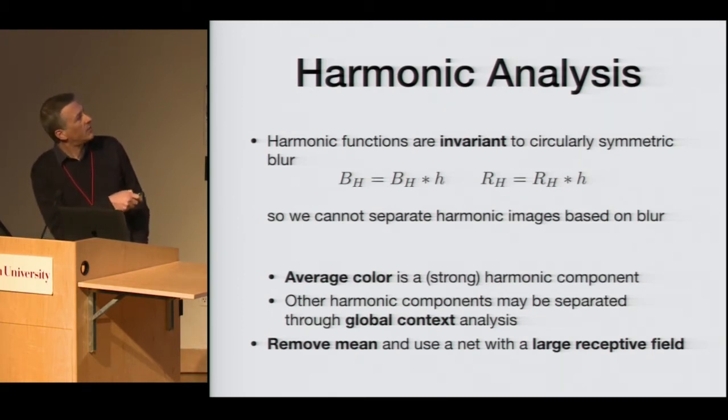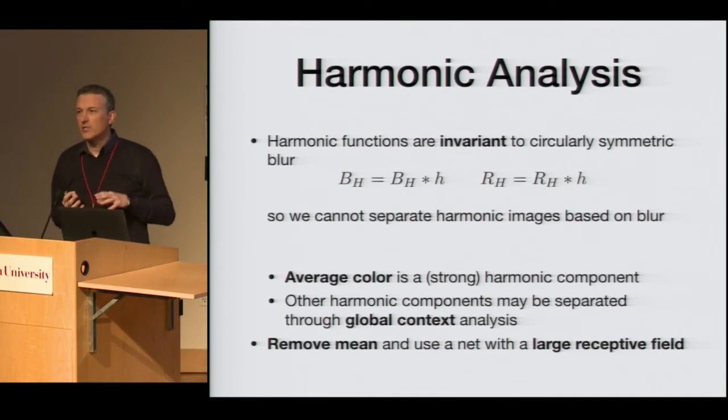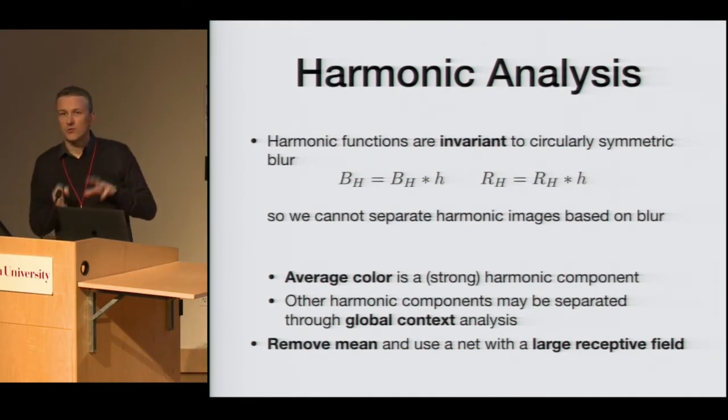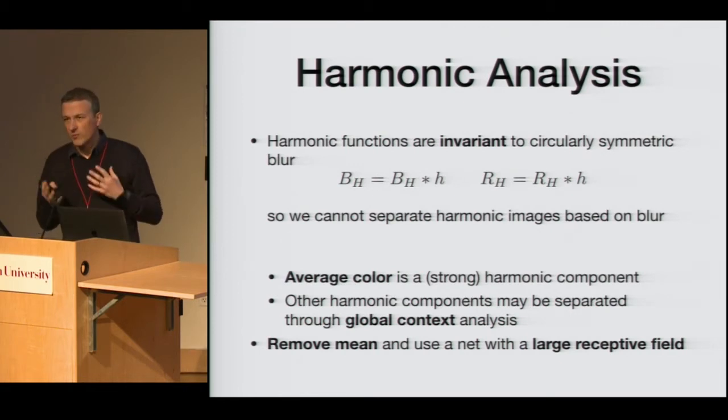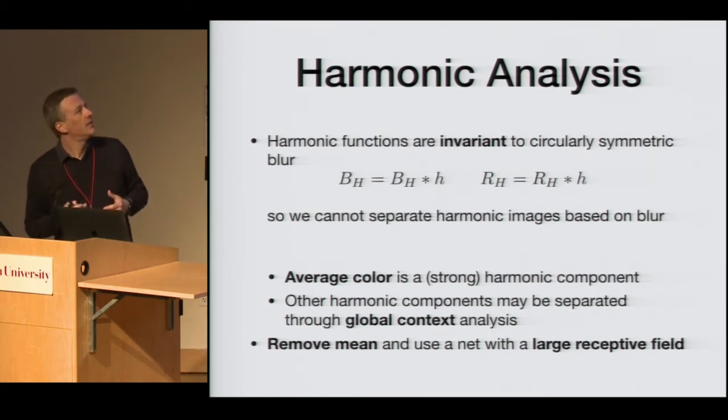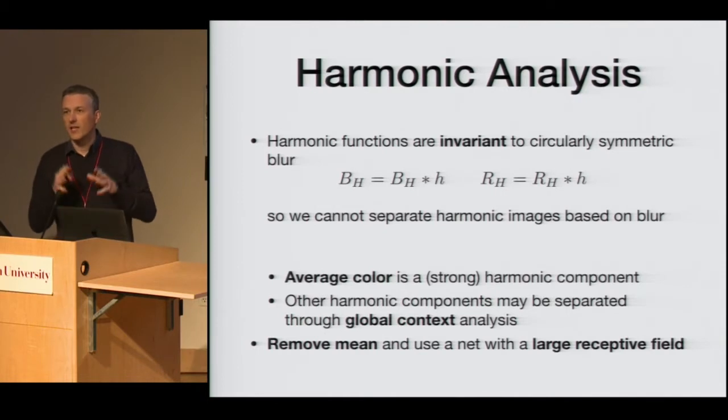However, for other harmonic components that have maybe a slope or some variation, we might be able to decide if they belong to the background or to the reflection, or in what amount they belong to one or the other, based on a global analysis of the image, if we look at the entire image.